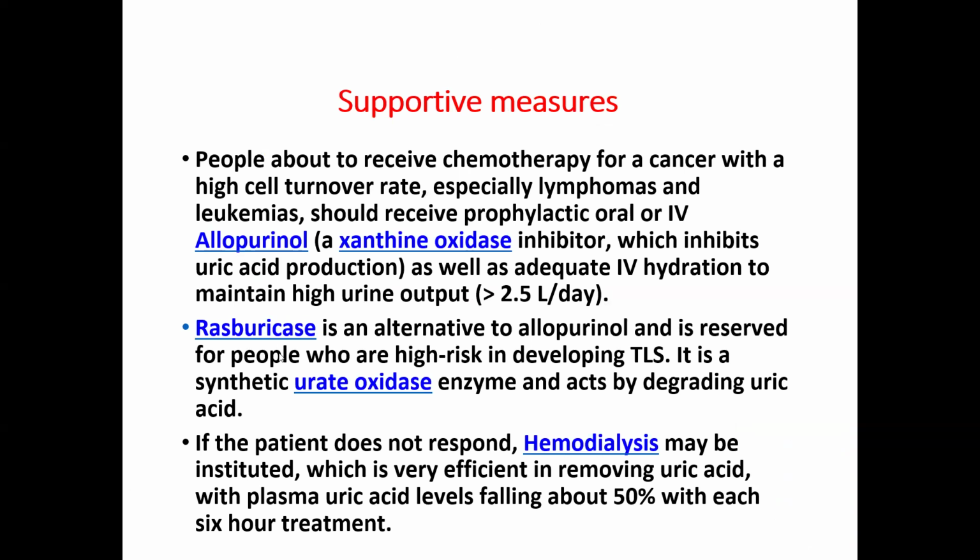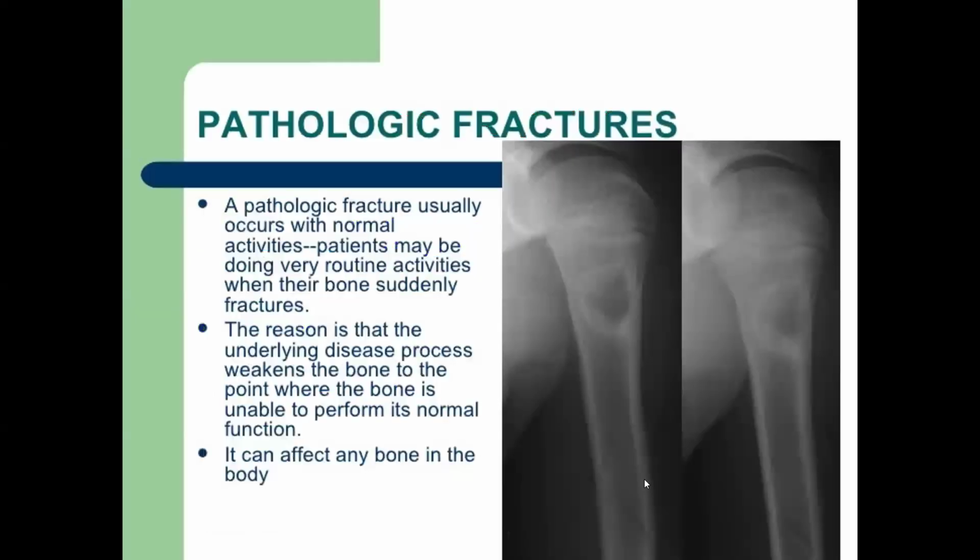Again, rasburicase is an alternative to allopurinol and usually reserved for high-risk patients. Now, if these patients don't respond, you can proceed with hemodialysis, which can actually remove up to 50% of the uric acid in a 6-hour treatment.